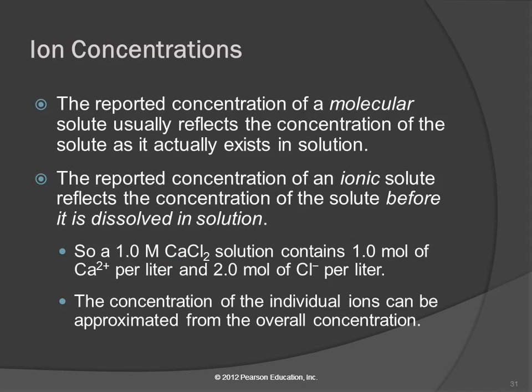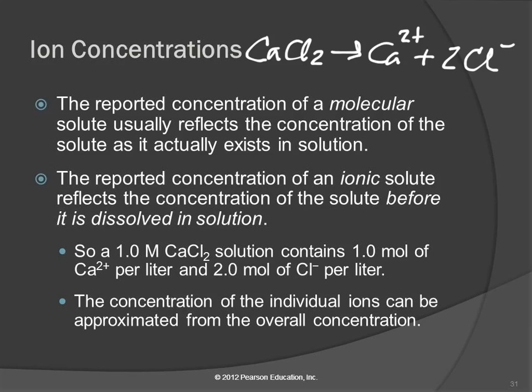But when we dissolve that in water, the calcium ions and the chloride ions separate. So we've talked about how that works. The calcium chloride, you put that in water and it's going to separate into its ions as it dissolves. So from 1 mole of calcium chloride, we're going to get 1 mole of calcium ions and 2 moles of chloride ions because it comes apart.